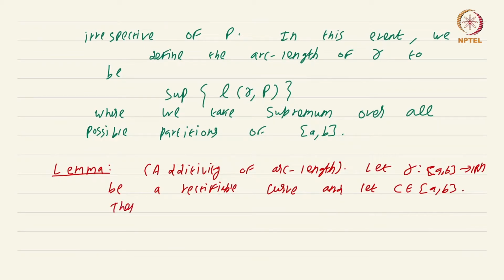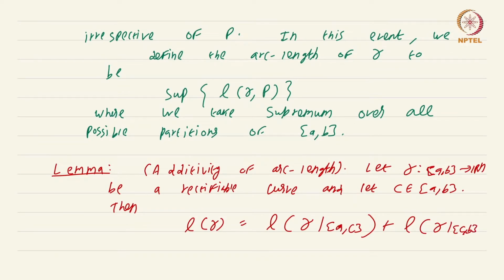Then length of gamma is nothing but length of gamma restricted to AC plus length of gamma restricted to CB. That is, if you break a curve into two pieces and take the sum of the arc lengths, you get the arc length of the whole curve. Of course, this is obviously true by induction even for finitely many curves.